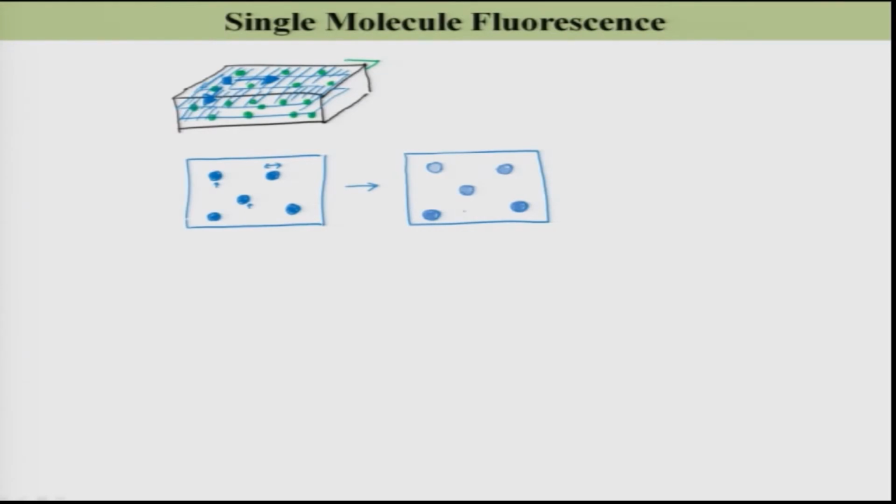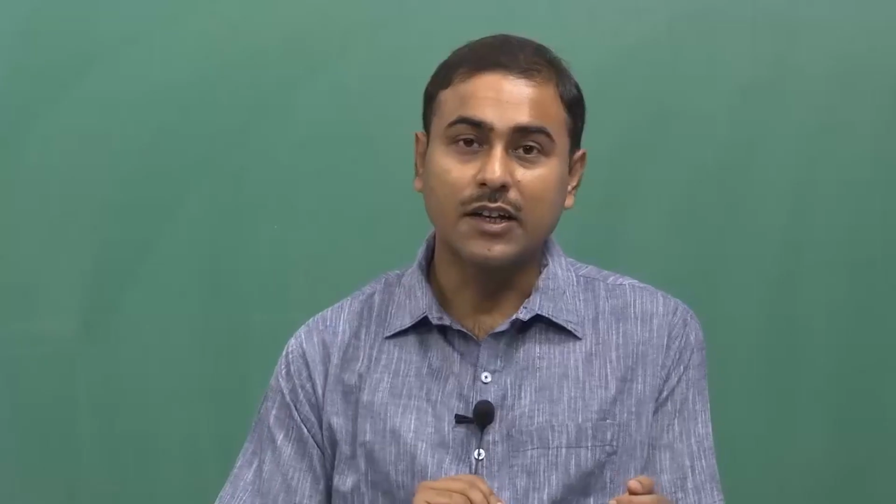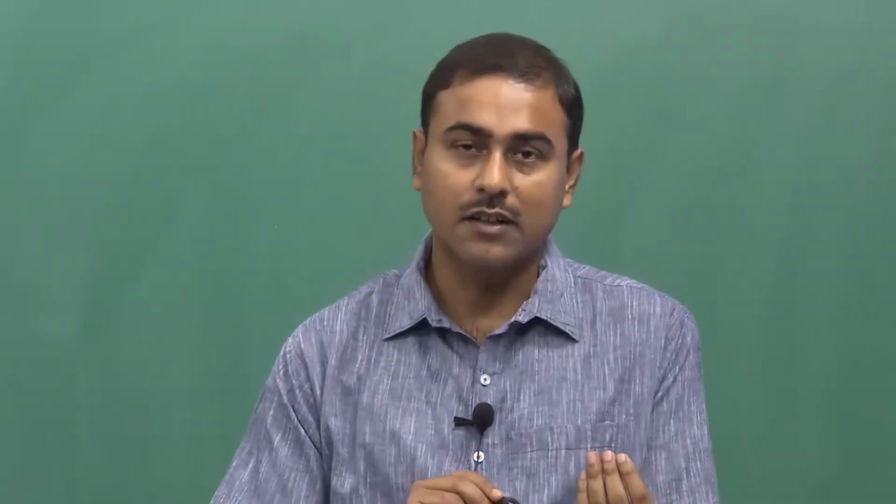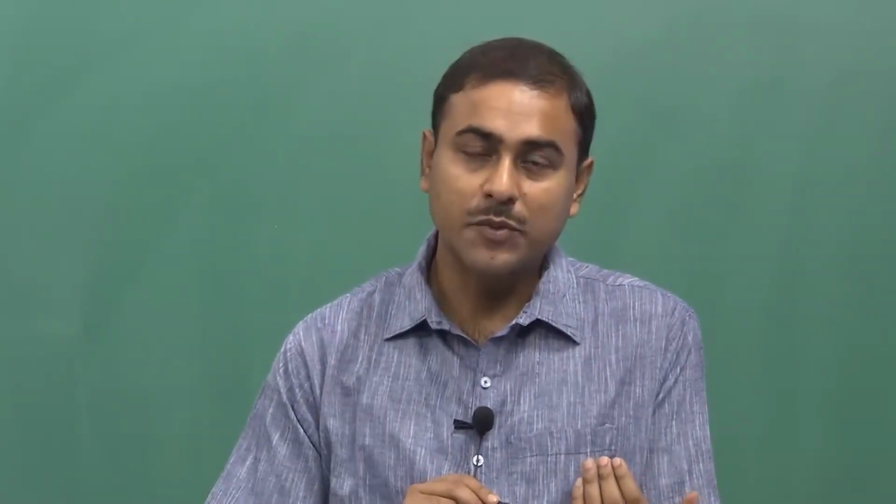As I said earlier during our discussion on fluorescence anisotropy, the direction of polarization of the excitation light will selectively or preferentially excite those molecules whose transition moments are parallel to the electric field of the excitation light.